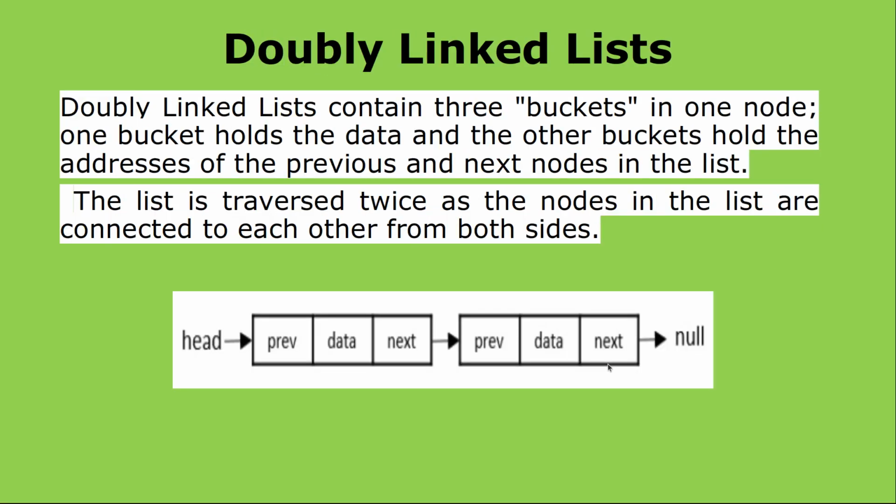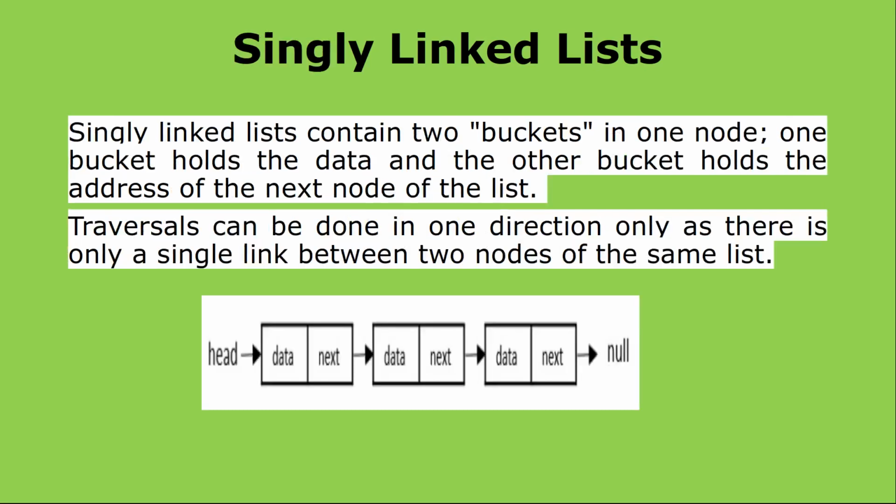Then double linked list. In the case of single linked list, the traversal means traveling from one node to another node in the group of linked list. We can travel in only one direction, we cannot move to the previous node. That is the problem of the single linked list.